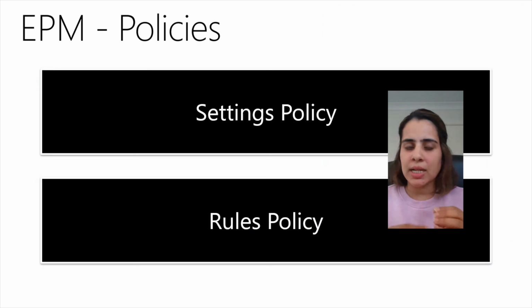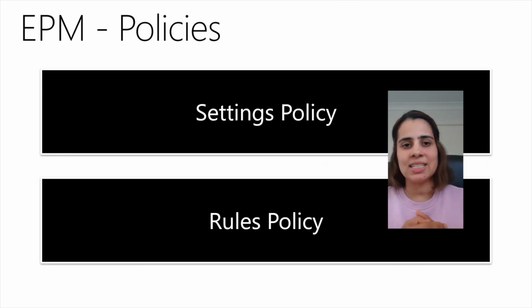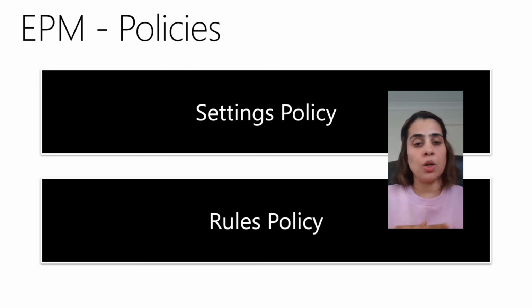So there are two kinds of policies that endpoint privilege management works on. The first one is the endpoint privilege management EPM settings policy, which is basically defining or enabling EPM for your devices. This policy is required if you're starting with adopting EPM. So this first enables EPM in your environment.